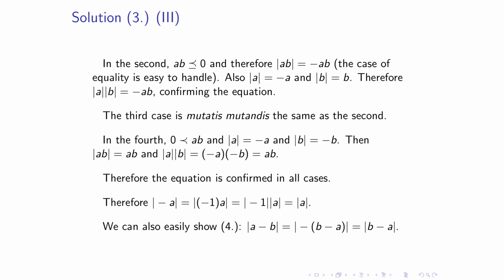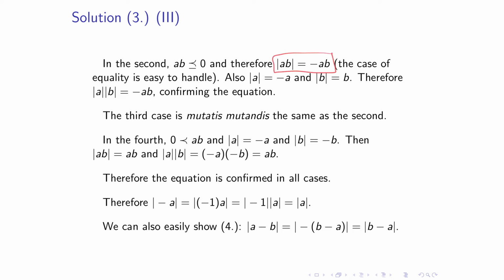Certainly that's clear if it's strictly negative, from the definition of the absolute value. But in the case where it's equal to 0, this would be 0, this would be 0, and so there you have it. Whether it's 0 or strictly negative, in both cases, this follows.